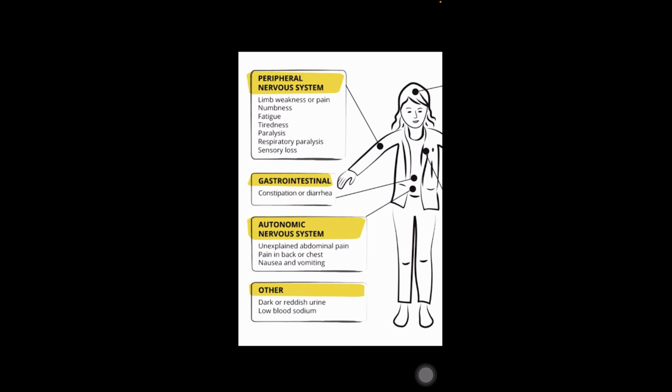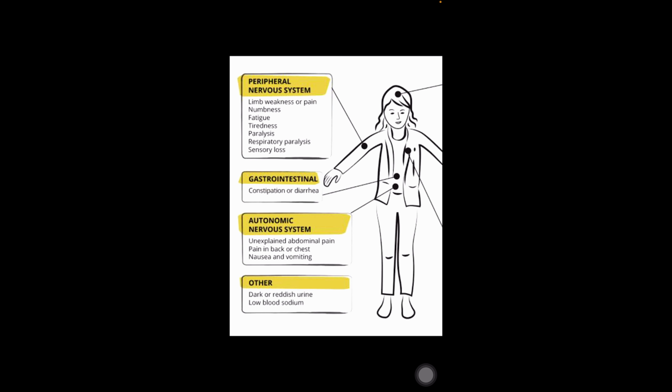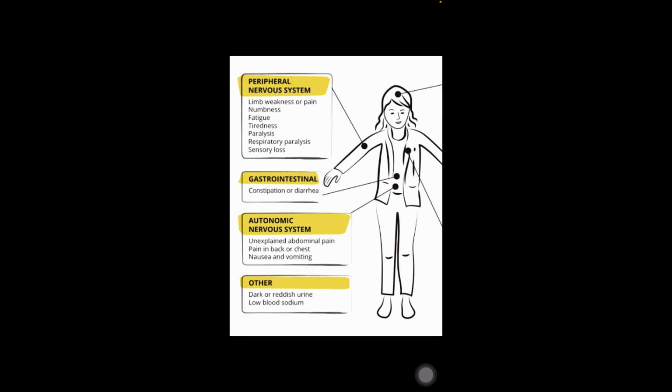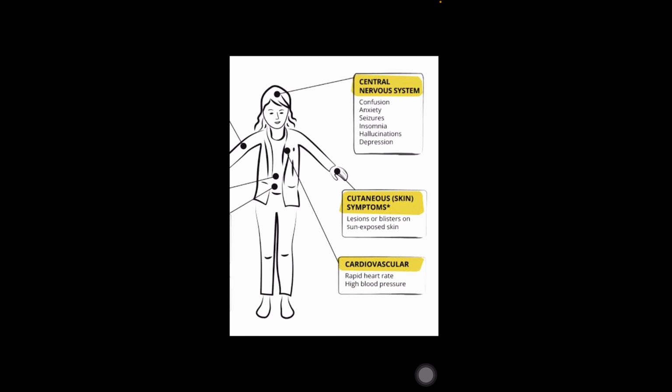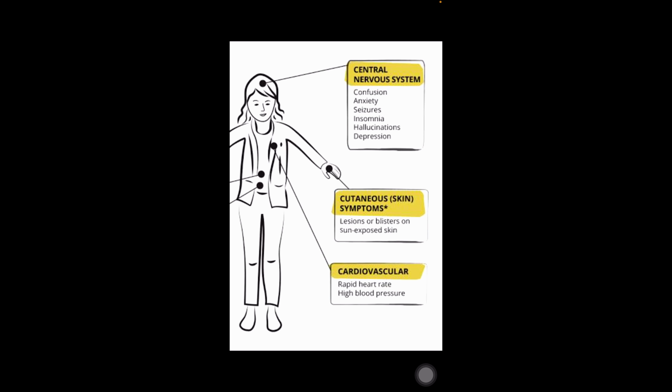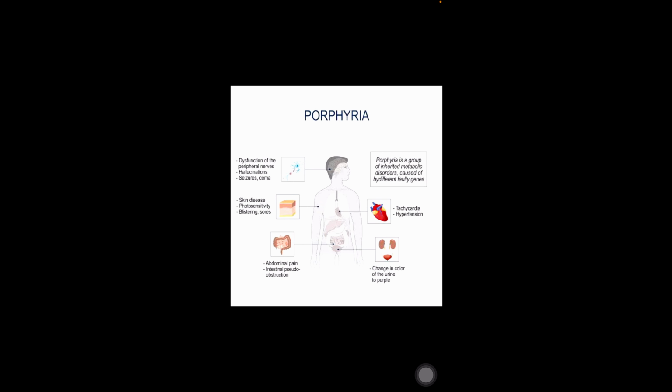And yes, okay, so conclusively you can see peripheral nervous system, the limbs, the weakness or pain, and the numbness, etc. The tiredness, paralysis, and respiratory disturbances, and the gastrointestinal, also constipation or diarrhea, autonomic nervous system, etc. Other reddish stool, reddish urine, and the low blood sodium, and also central nervous system, confusion, anxiety, seizures, insomnia, hallucination, depression, etc. Okay, so take notice of that.